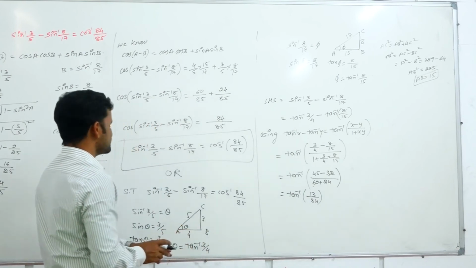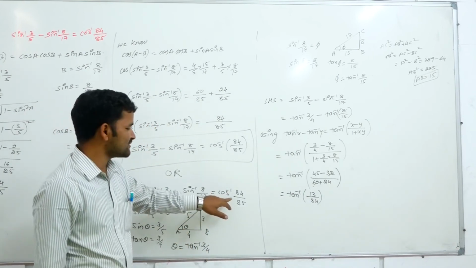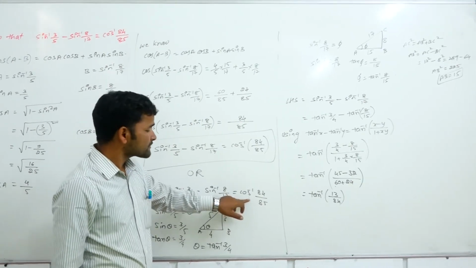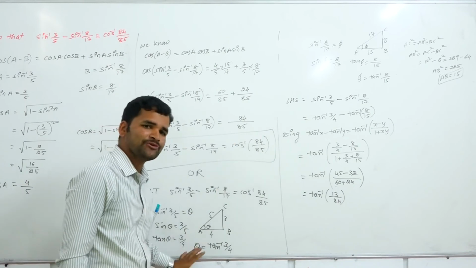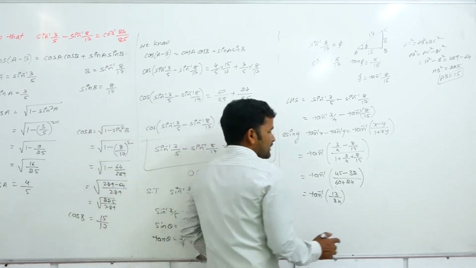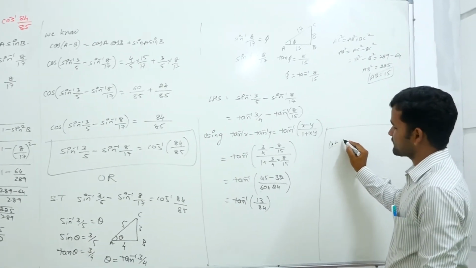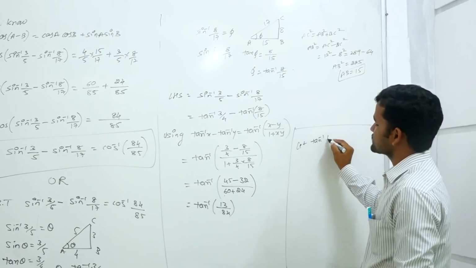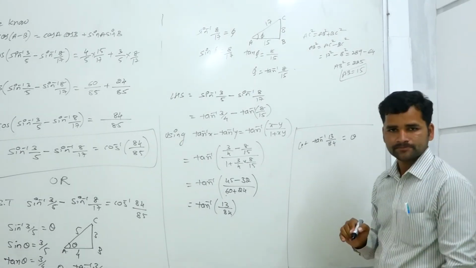But what is the RHS here? They have given that this should be cos inverse of 84 by 85. Whatever way you converted in the previous case, in the same way you convert to cos now. For that conversion, what you do? Let tan inverse of 13 by 84 is equal to theta.